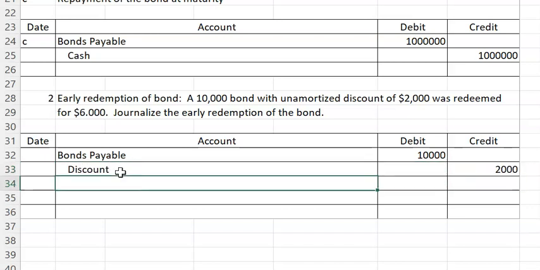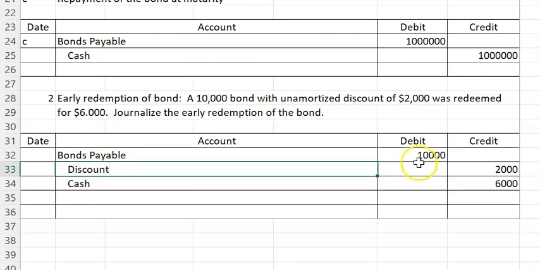It has to tell me how much I need to pay for this. So my cash that I had to pay off this bond was $6,000. At this point I need to look and see what my carrying value is. Well, I have bonds payable and discount reduces that.